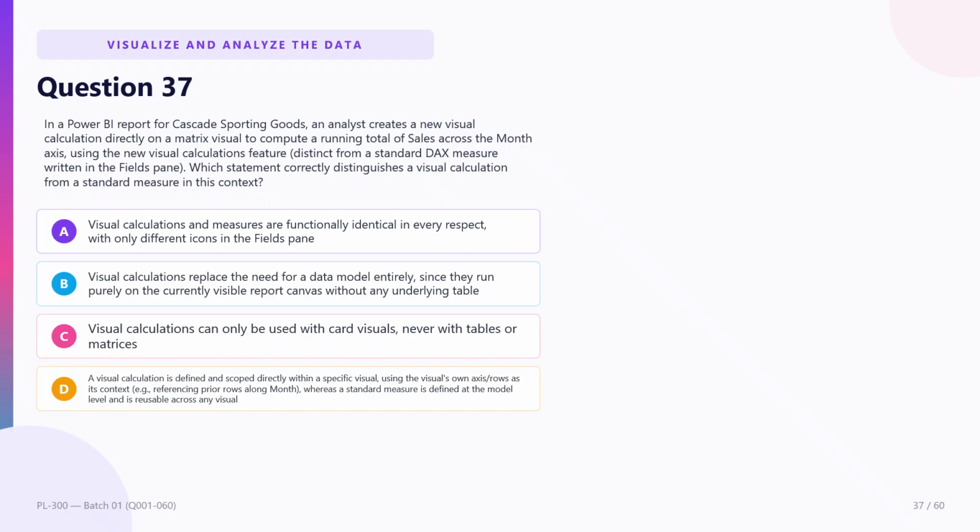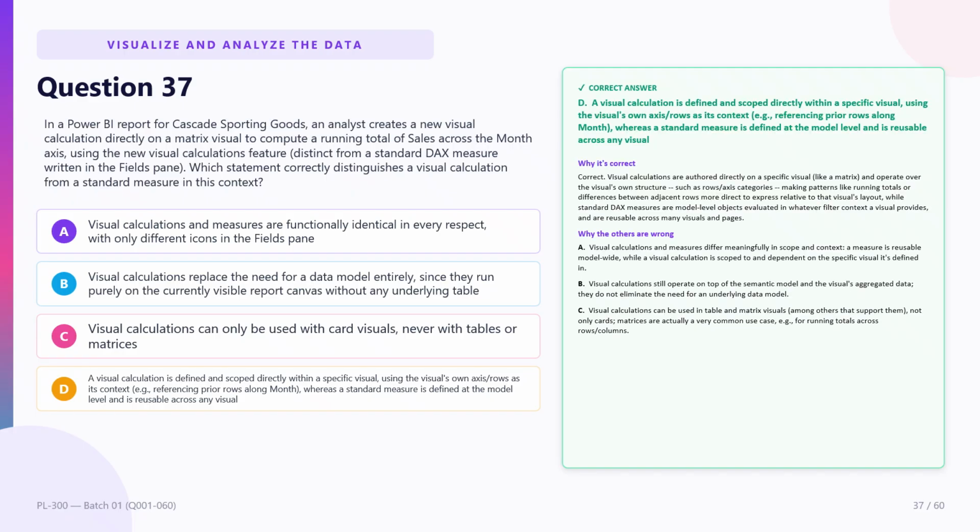Option A. Visual calculations and measures are functionally identical in every respect, with only different icons in the Fields pane. Option B. Visual calculations replace the need for a data model entirely, since they run purely on the currently visible report canvas without any underlying table. Option C. Visual calculations can only be used with card visuals, never with tables or matrices.